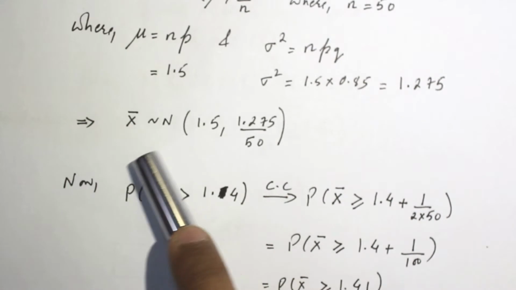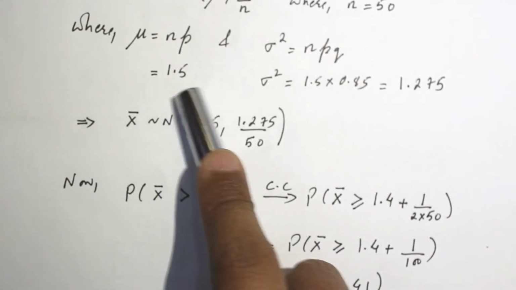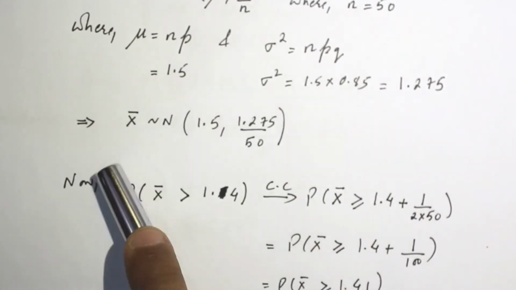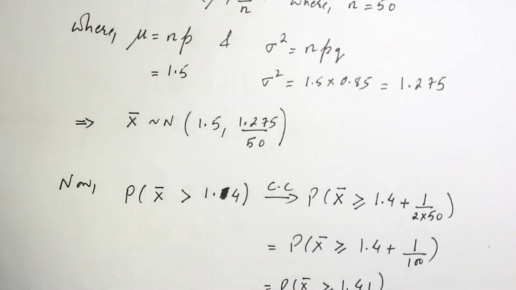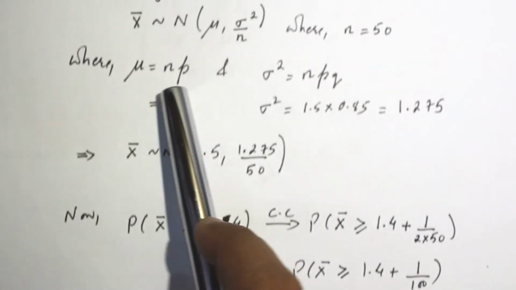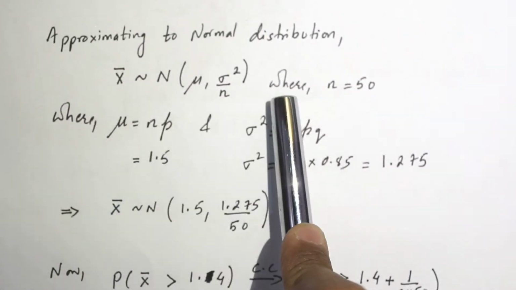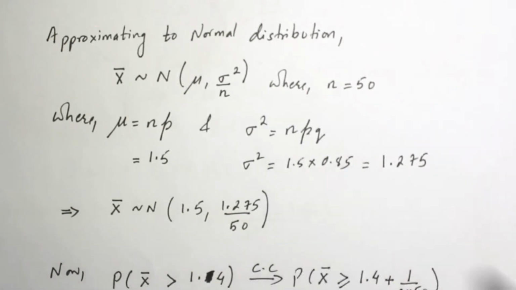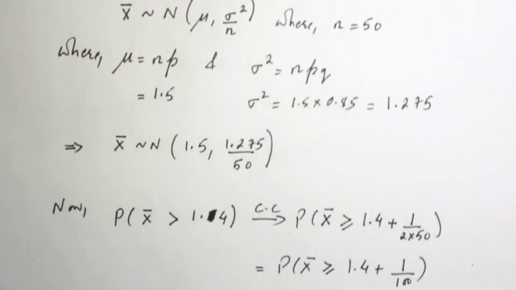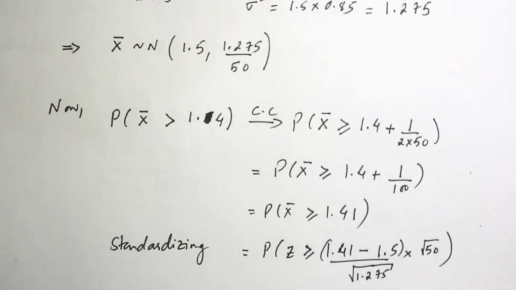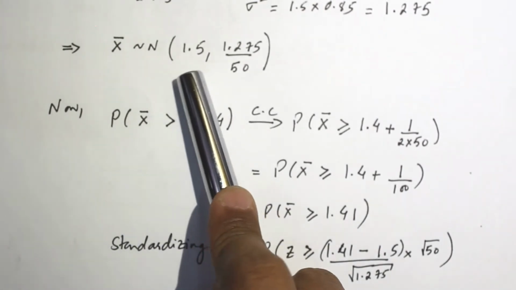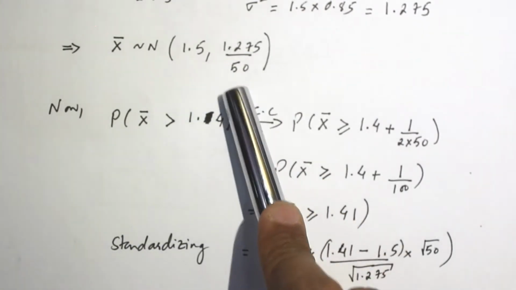Okay, so we've put the values of mu equals 1.5 and sigma square is this, where we approximate it to a normal distribution here. So when we put those values, we have 1.5 comma, the variance is this.